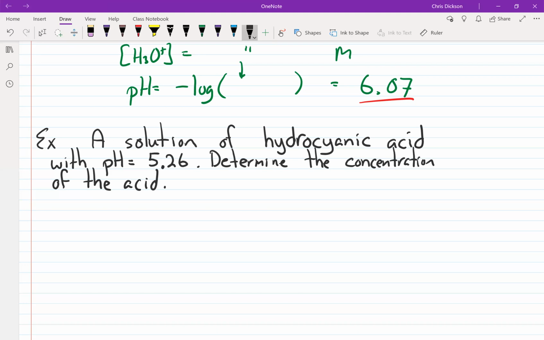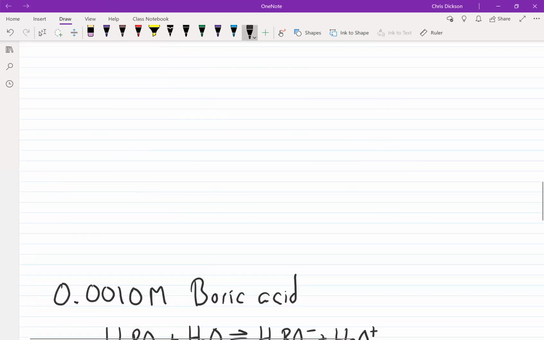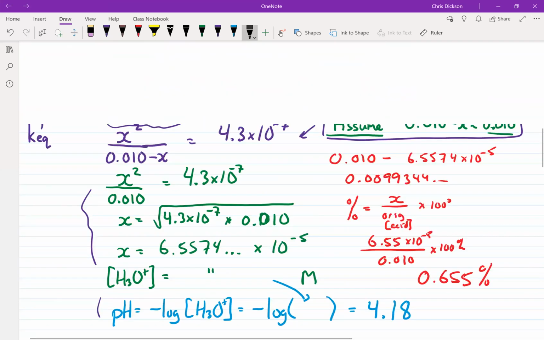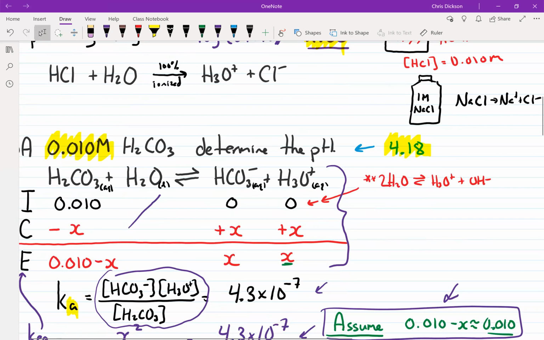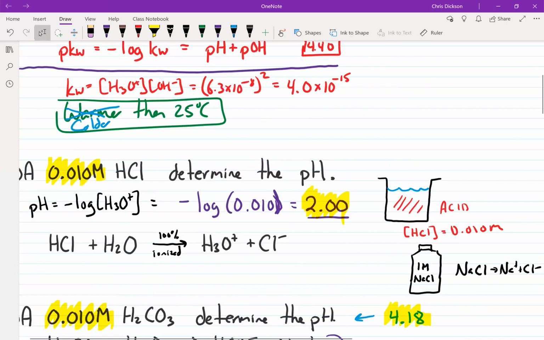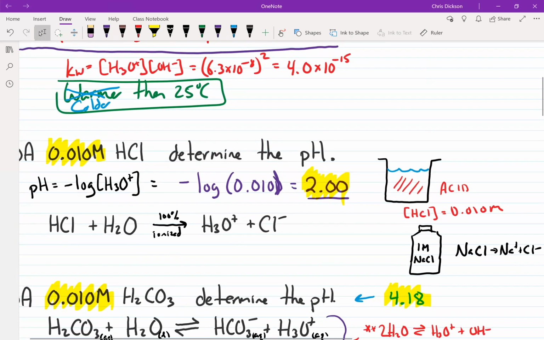So we might remember the question above. I'm going to go way up here to the very first question we did. And this is the one with the 0.1 molar HCl solution. So I'm just going to draw a little mark around this. And so we said that if the concentration of the acid was 0.010 molar, the pH would have been 2.00.